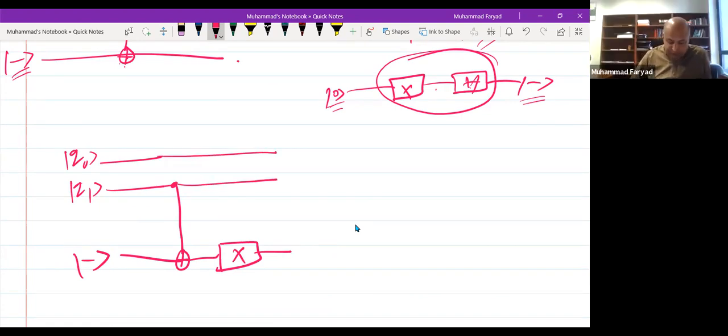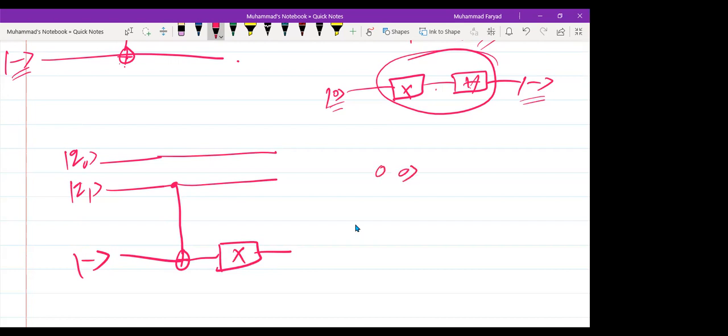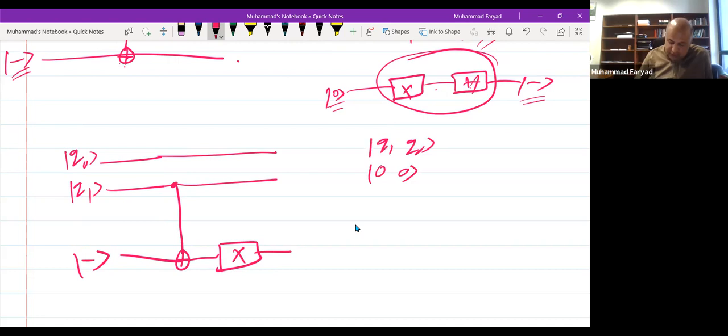Okay, let's see what happens. If the input is 0 0, that is, Q0 is 0 and Q1 is 0, then this will not do anything to this, but this minus state will be acted on by this X gate, and when this X acts, it will give me a minus over here because this is a minus state, and if you change 0 to 1 and 1 to 0 with this X, you will see a minus sign over here, and let me put that minus sign with this input state.